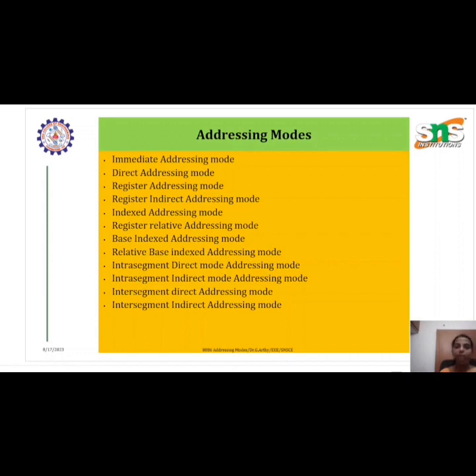In this lecture, let us discuss the basic addressing modes.